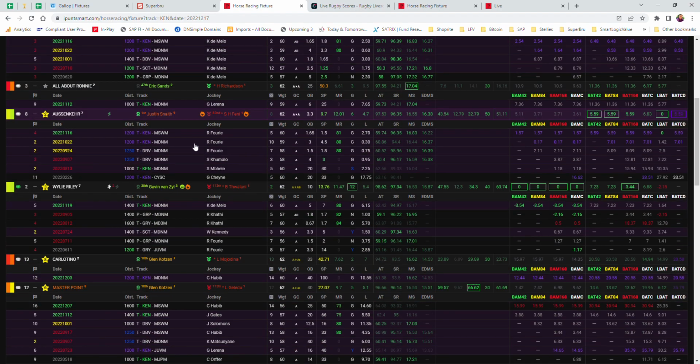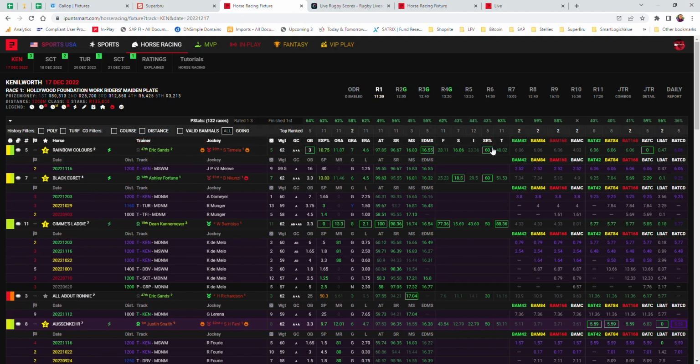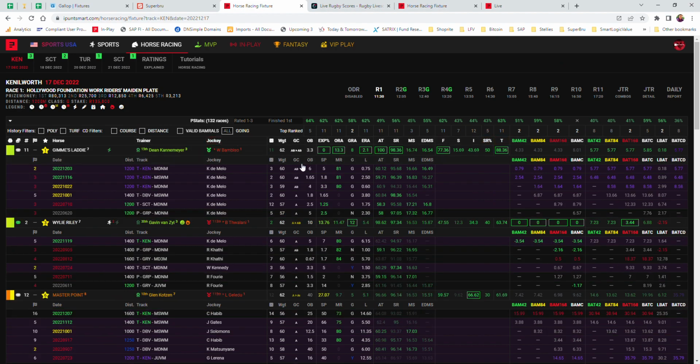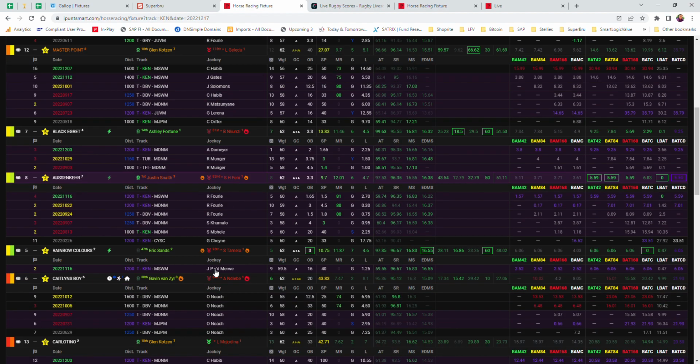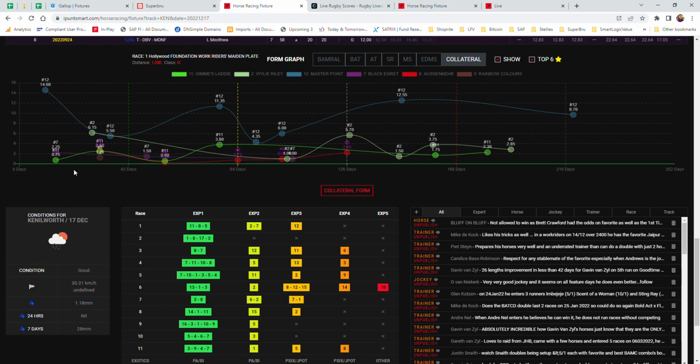Like in this case, Gimmy's Laddie 62 kilograms, and today Gimmy's Laddie is carrying 62. On that day he was carrying 60 over the 1200 distance when Keegan the Miller was running.